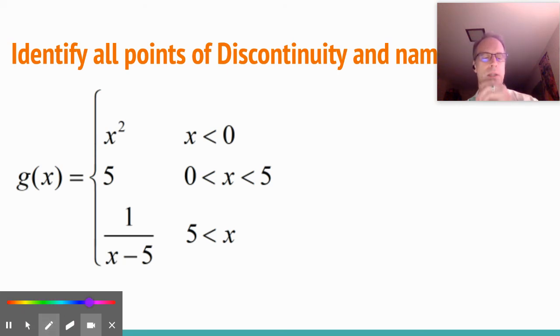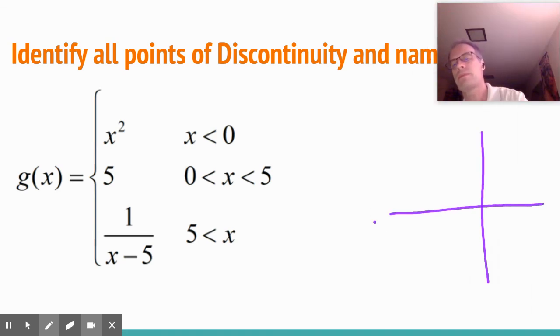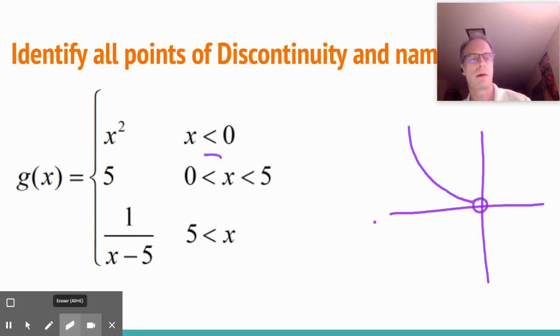Let's try something like this. I'm going to say that, let's take a look at this first one. And we're going to be looking at x squared. But I've got an open dot there because it's strictly less than 0. Okay, and let's see what else I've got.